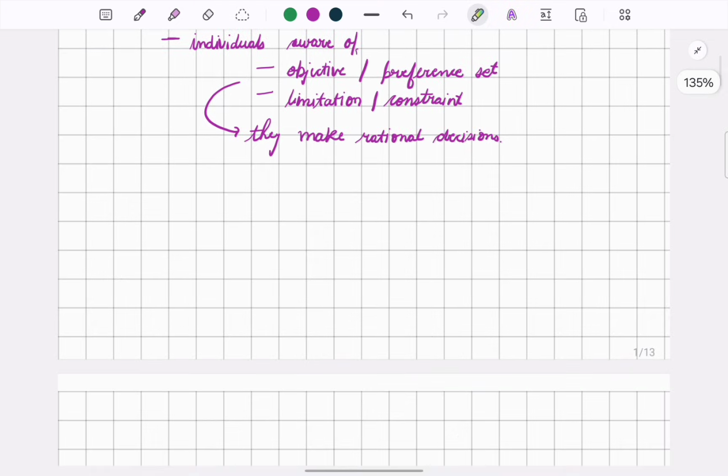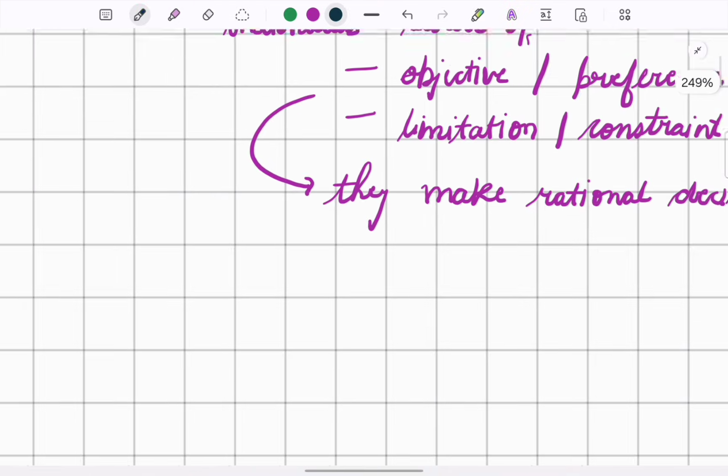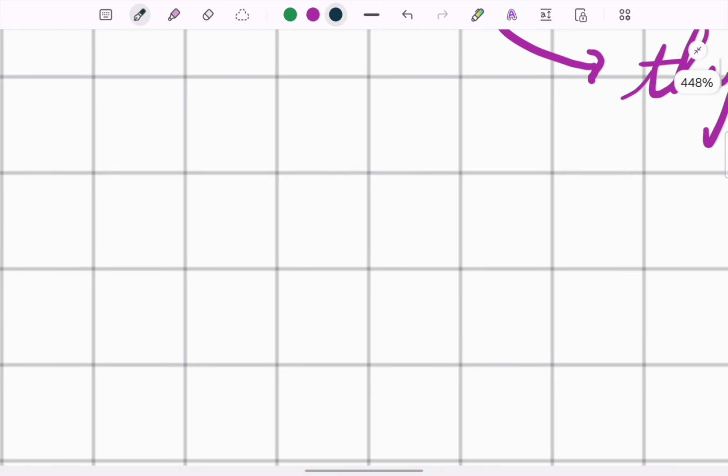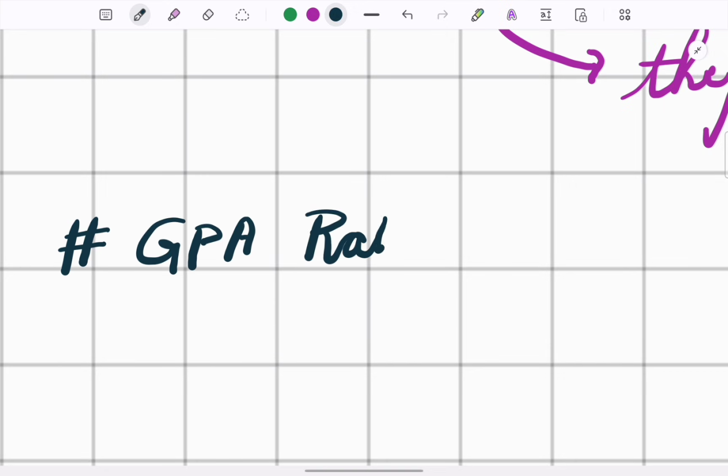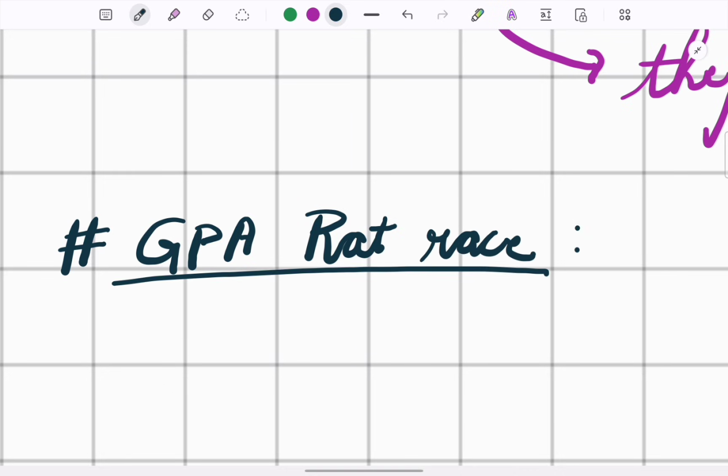So let us start with an example, the rat race or the GPA rat race. What is the GPA rat race framework? You have a number of individuals, let's say the batchmates of your own class.